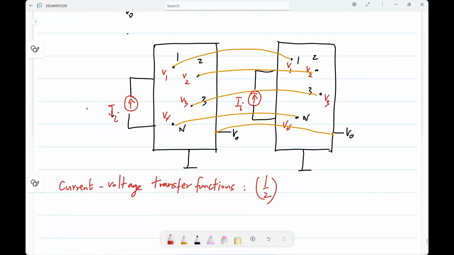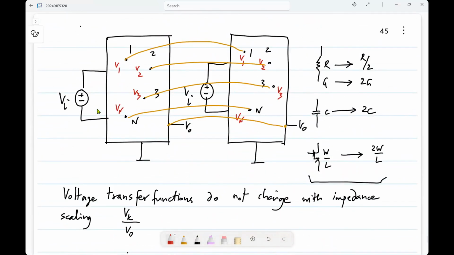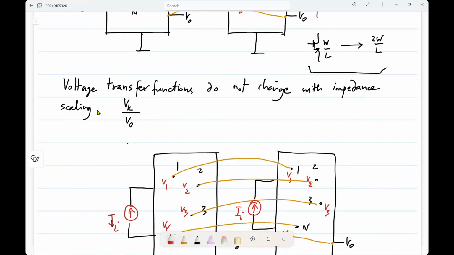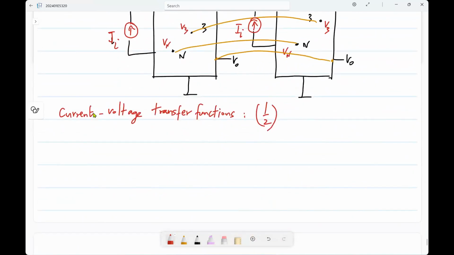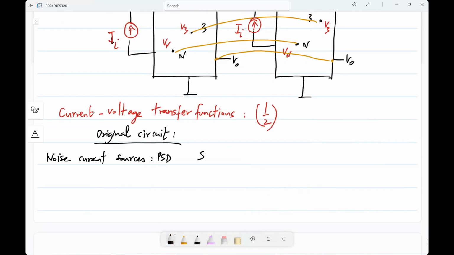Okay. So now, what can you say about the noise in the scaled circuit? So in the original circuit, we have noise current sources with a power spectral density of, let's say, SIK.